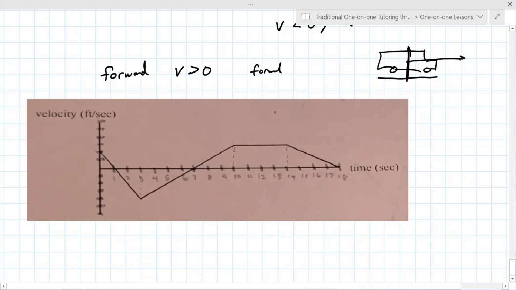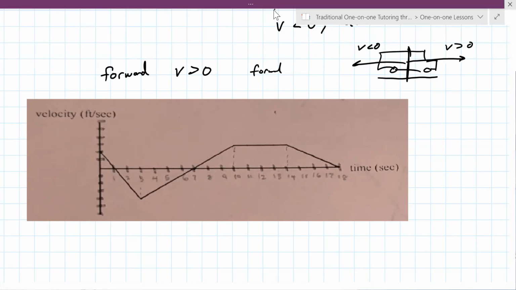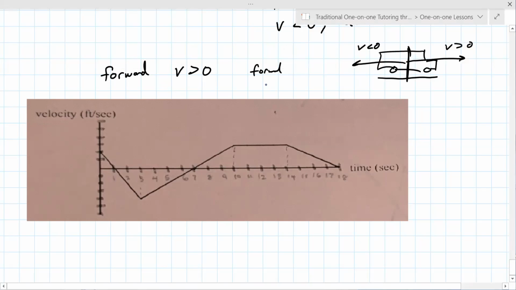But if you're moving forward, your velocity is greater than 0. If you're moving backwards, your velocity is less than 0. So that's why, let me use a different color here. Blue again. It's here, here, and here, literally because it's above the x-axis.